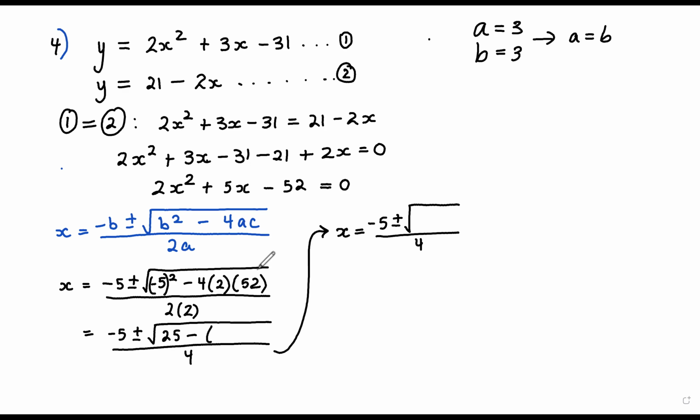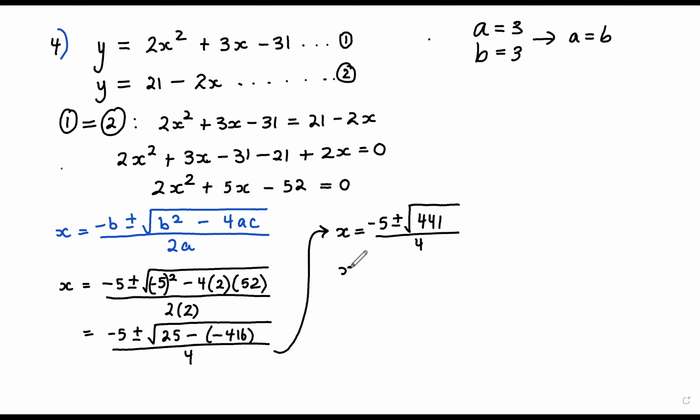All right, so 4 times 2 times 52, 416. So it would have been 25 minus 416, which will turn to a plus, and then 416 plus 25, yeah, 441, which is still not a square number. Oh, no, it is. The square root of 441 is 21.